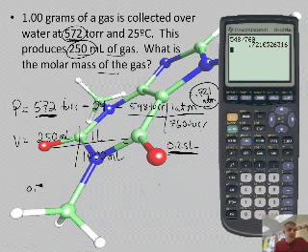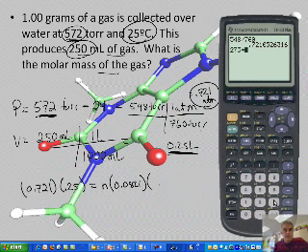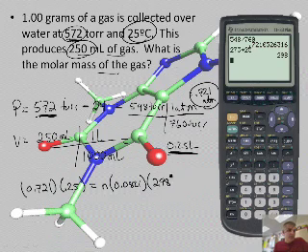So P is 0.721 times my volume, which was 0.25. I'm not going to put the units because it's easier. n is what I'm trying to find. R is 0.0821. I got my temperature. The temperature was 25 Celsius, but I can quickly add that in my head, or I'll do it over here. 273 plus 25. I knew it in my head, but just in case, it's 298.